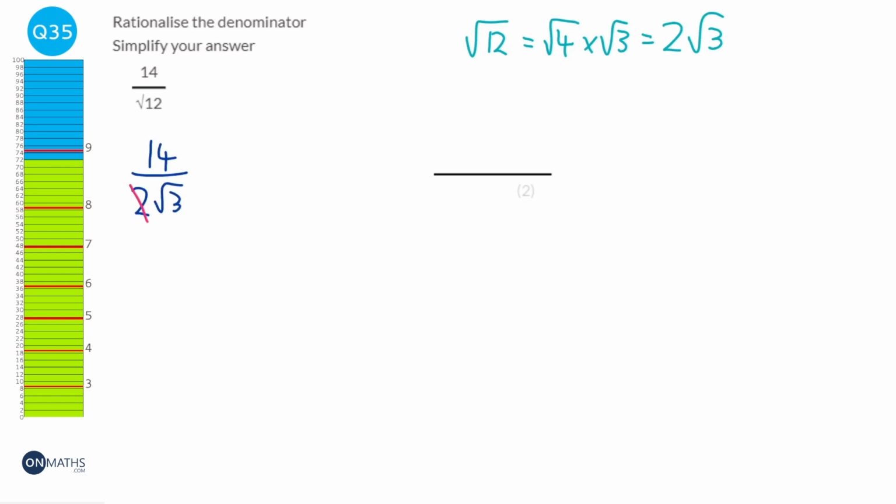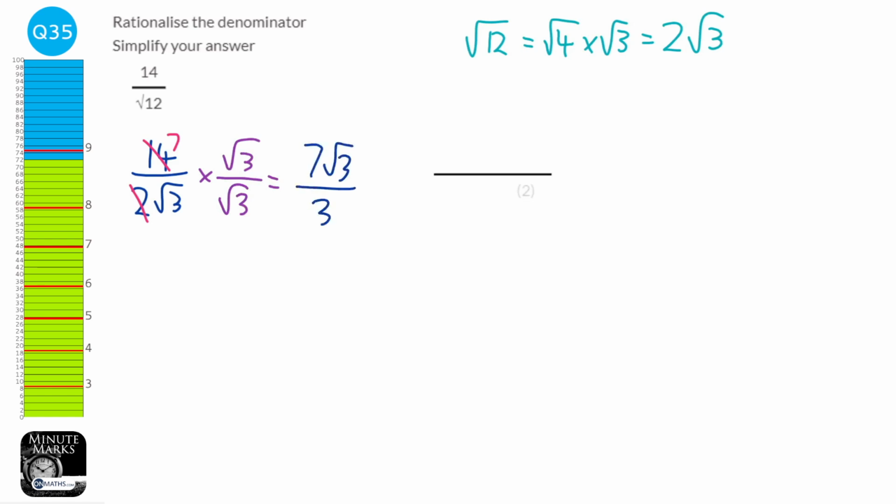So it'd be 1 root 3 or just root 3 and 7 there. And when we rationalise the denominator, we times the top and bottom by the square root at the bottom, which will be root 3. And so that's going to be 7 times root 3, which would be 7 root 3, and then just 3 at the bottom. So our answer is 7 root 3 over 3.